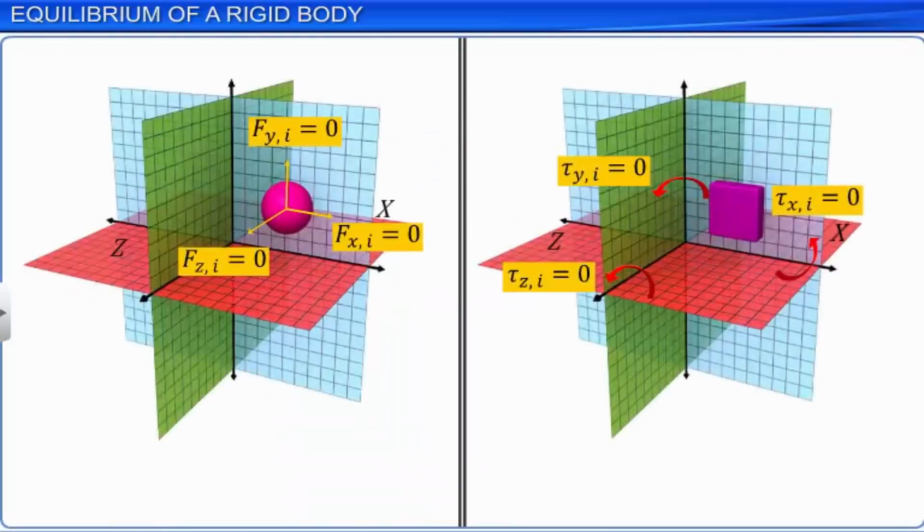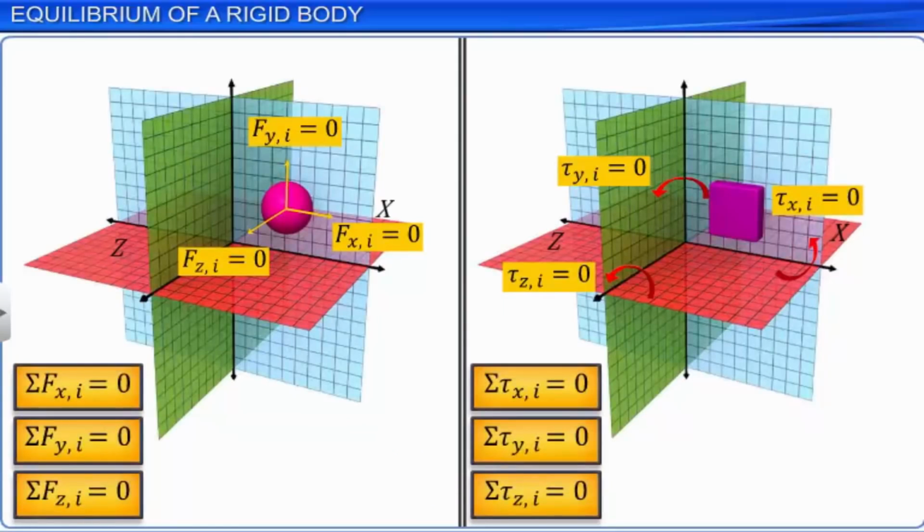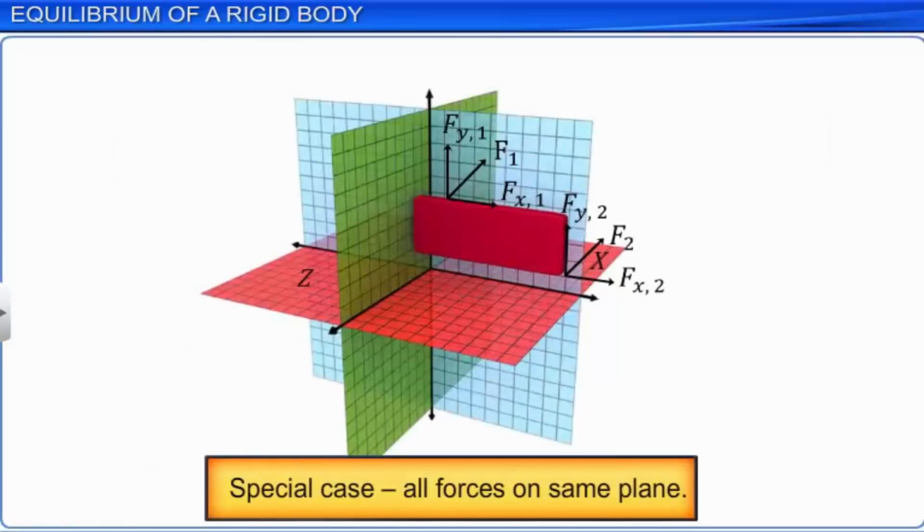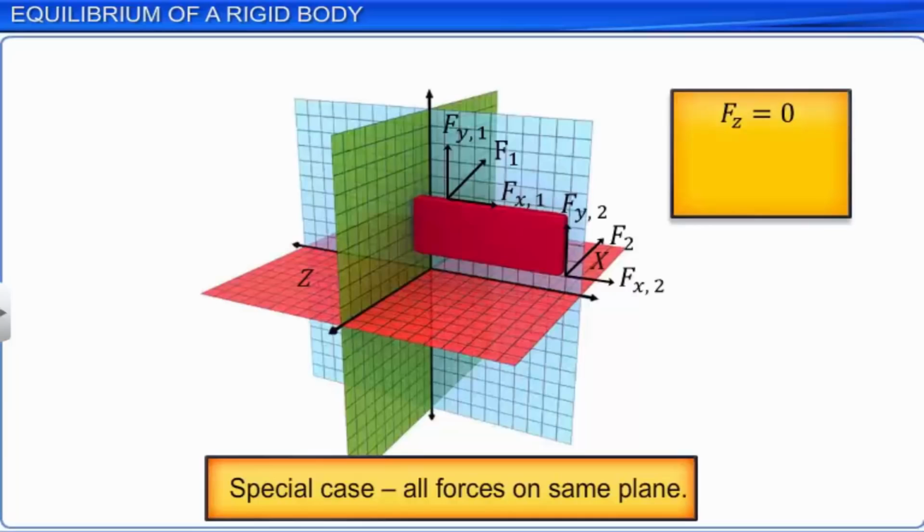Now let us consider a special case where all the forces acting on a rigid body are in the same plane as the xy plane. Since all the forces are in the xy plane, the component of force along the z-axis, Fz, is 0. Since forces in the xy plane cannot produce torques in the same plane, we can write tau x is equal to 0 and tau y is equal to 0.